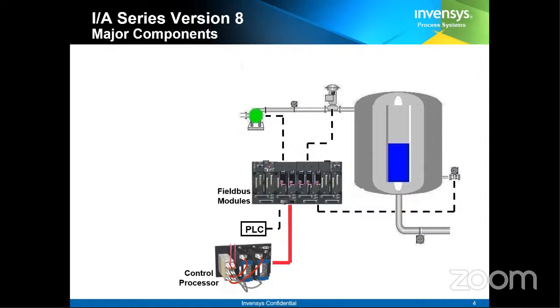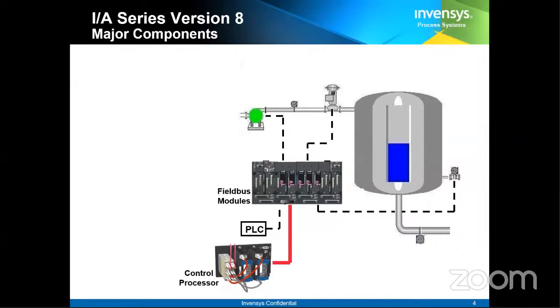If you can see here, from this field bus module, this level transmitter is providing the signal to the field bus module, which is a purely analog signal. This analog signal is converted into digital, or in terms of the Foxboro DCS system, I can say an IA signal. That IA signal comes to the processor. So the processor receives this input signal in the form of digital.